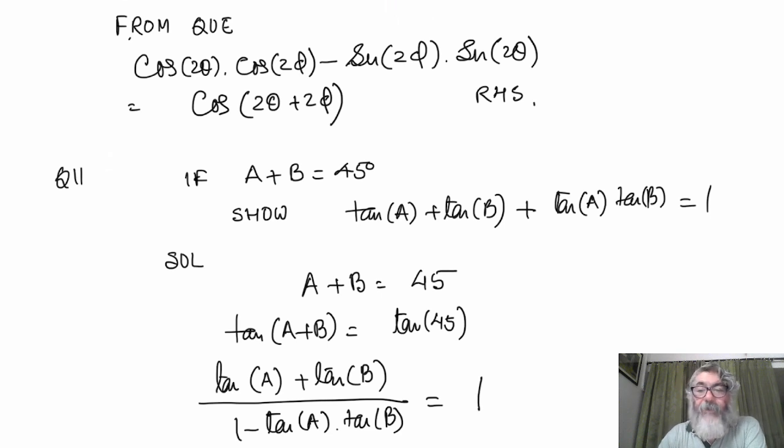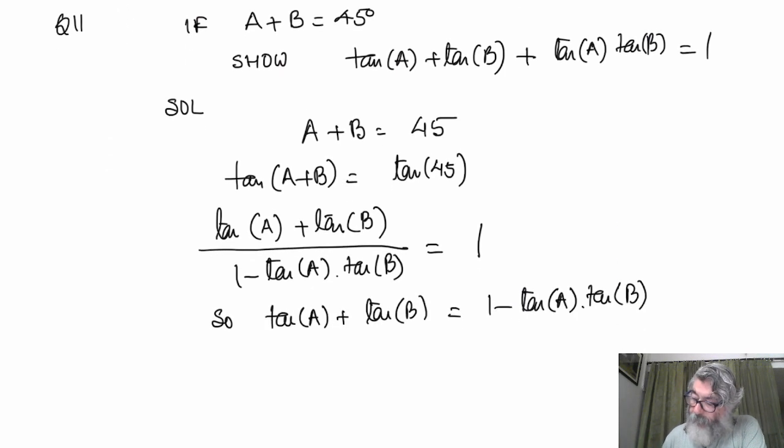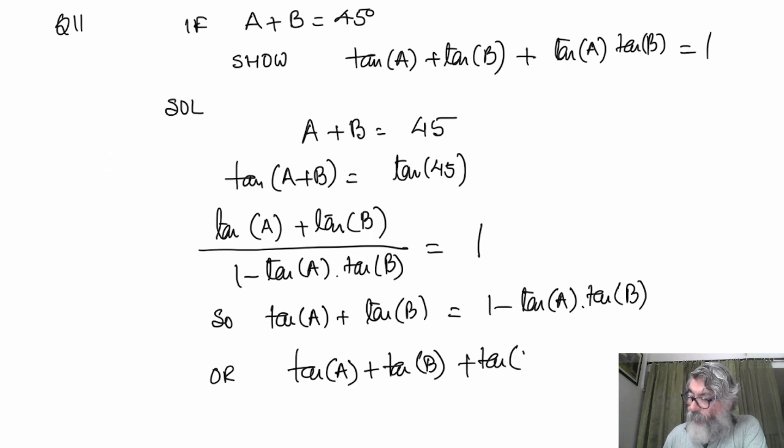The value of tan 45° is 1. So tan A + tan B will become 1 − tan A tan B, or tan A + tan B + tan A tan B is equal to 1.